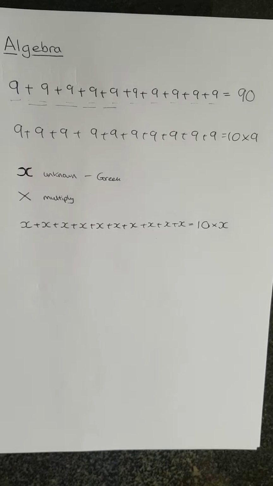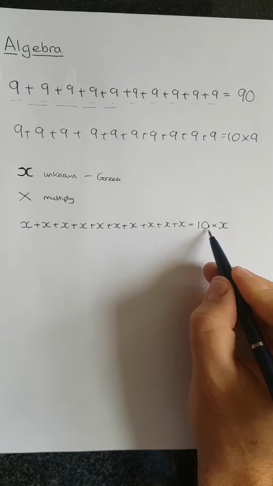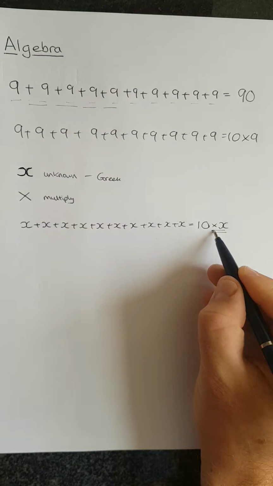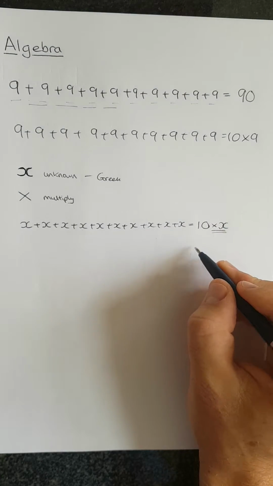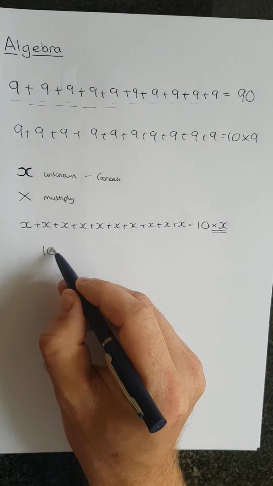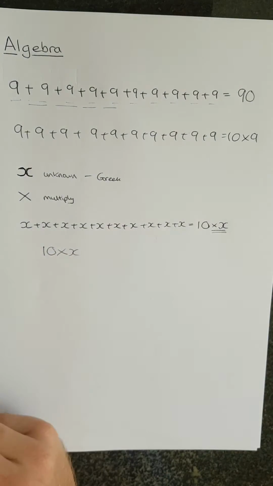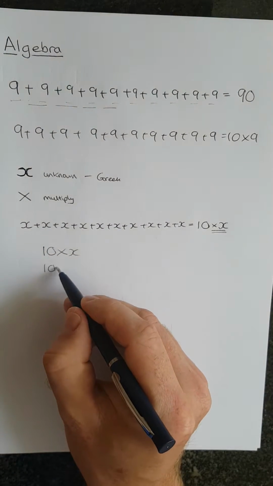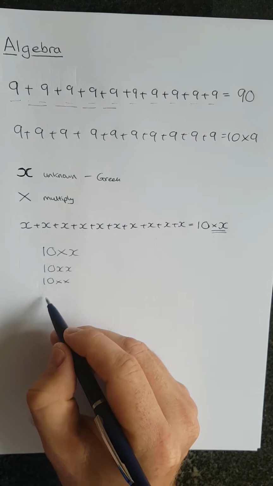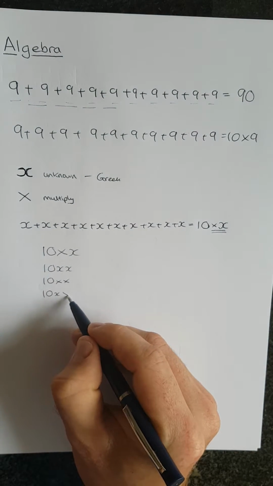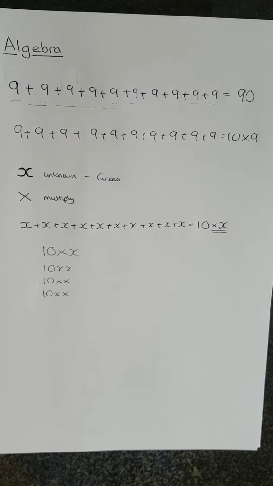The problem is, how do you actually show this? Because this here is quite dangerous. What happens if you've got scruffy handwriting? Is that 10xx? Is that 10xx? Is that 10xx?